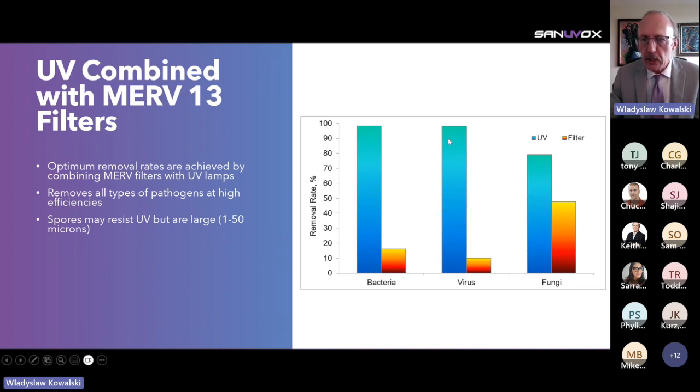And for viruses, again, we remove close to 100% of all viruses, and the ones that are large, or in the most penetrating particle size range, may be removed by filters. Now for fungi, it's a mixed bag. The fungi tend to be very large and so are easily removed by the filter, and what remains can be inactivated by UV.